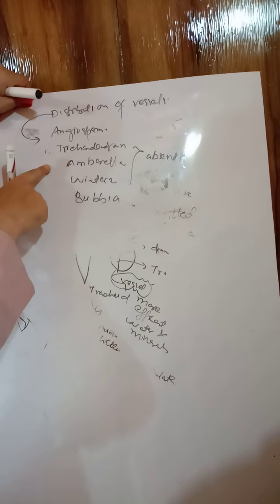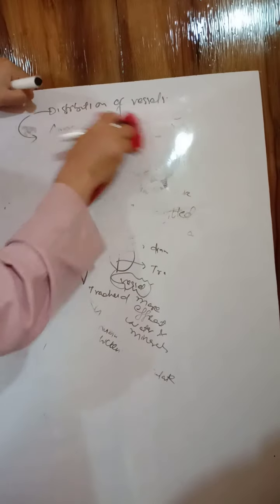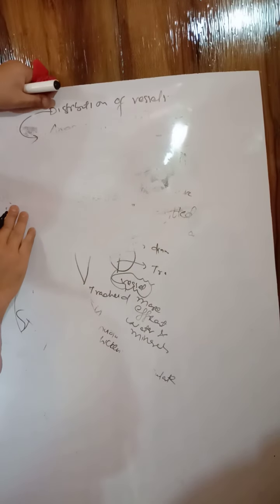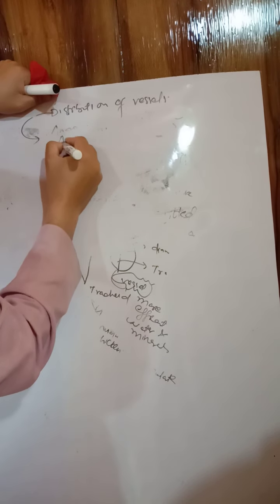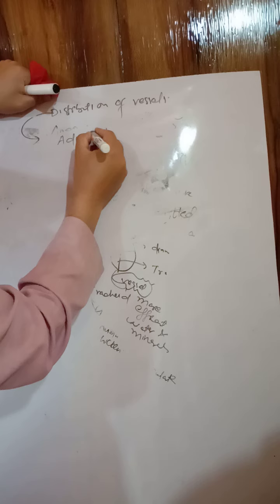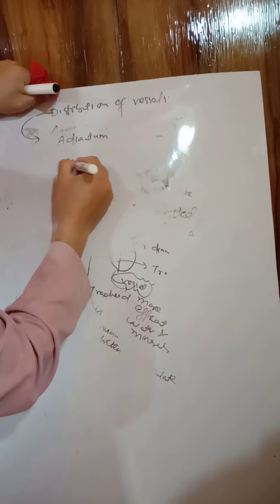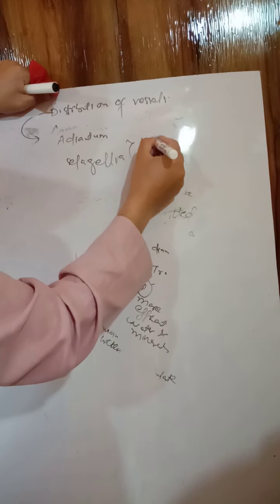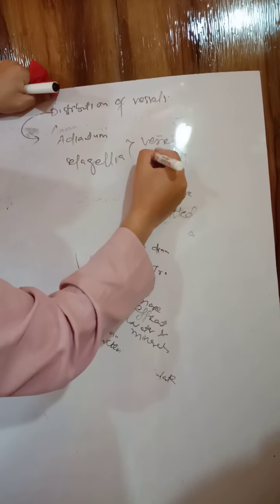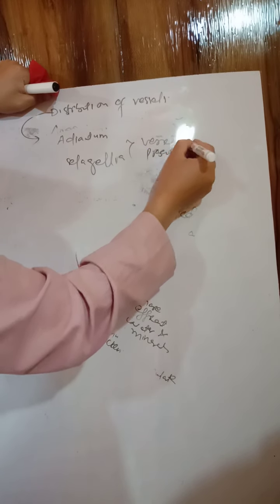Vessels are also absent in pteridophytes, but there are two pteridophytes in which vessels are present, namely Adiantum and Selaginella. The rest of the pteridophytes lack vessels.